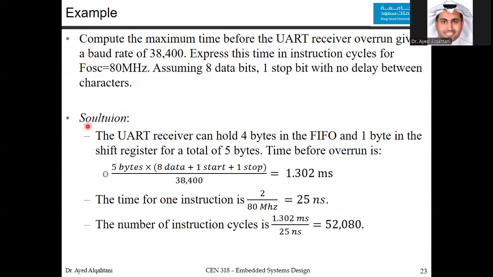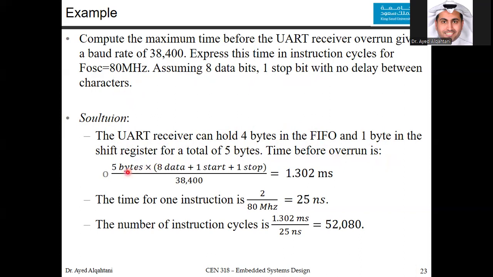Now, the solution. The UART receiver can hold 4 bytes in the FIFO, we know that, and 1 byte in the shift register. In another way, we could name them frames: 4 frames in the FIFO and 1 frame in the shift register. So the total is 5 bytes. What is the time before the overrun?